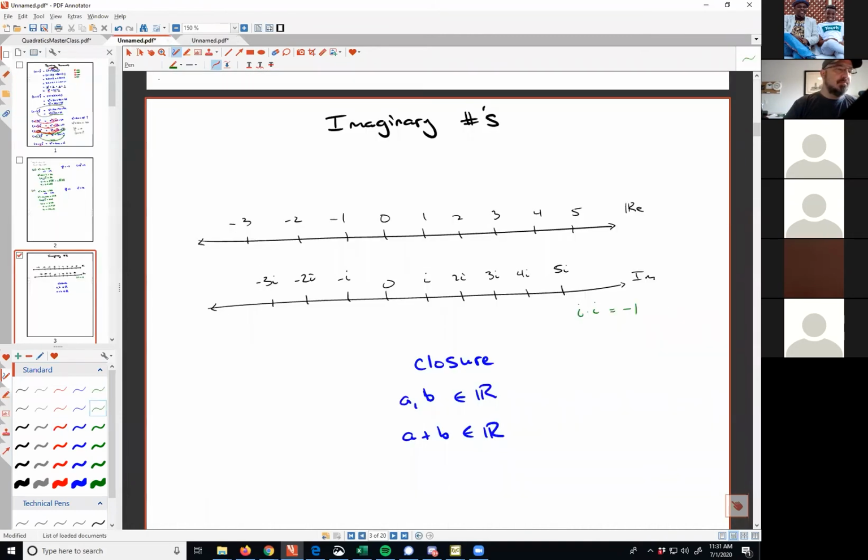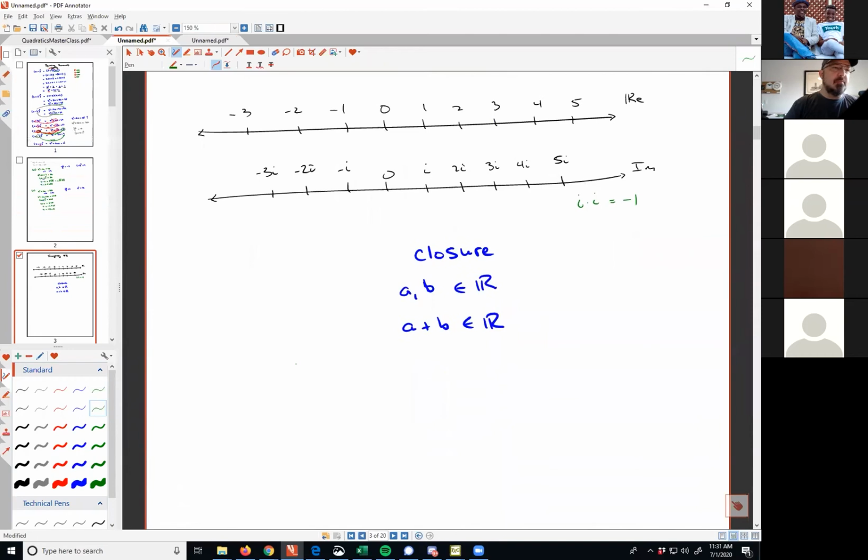Now I have a question. Are complex numbers closed under addition? Yes, they are closed. Let's just call one of them a plus bi.